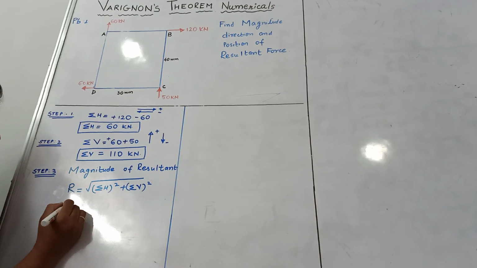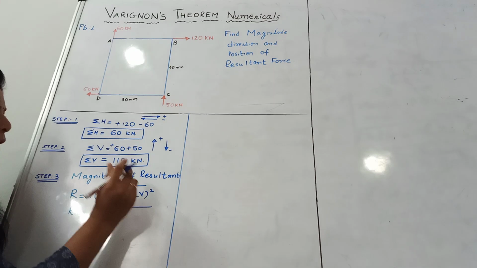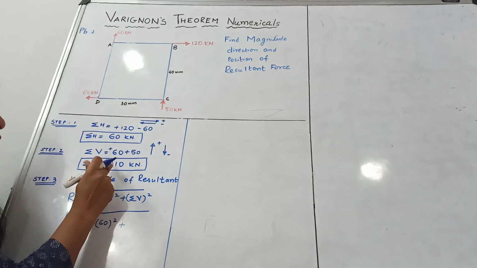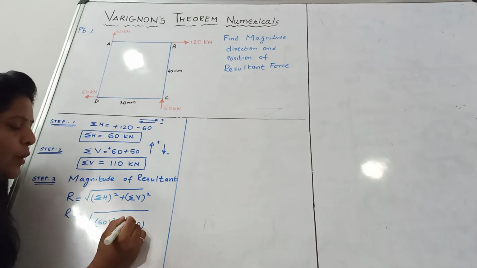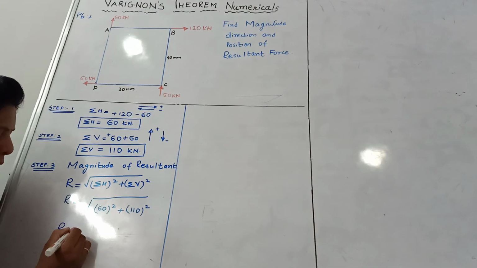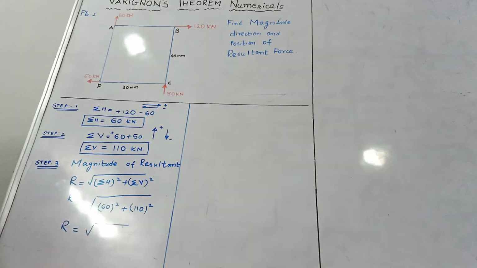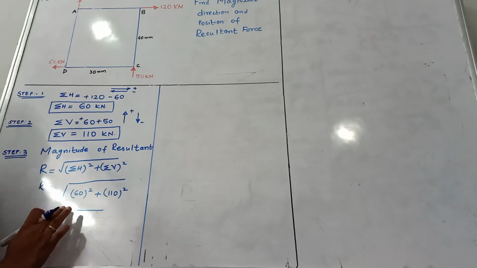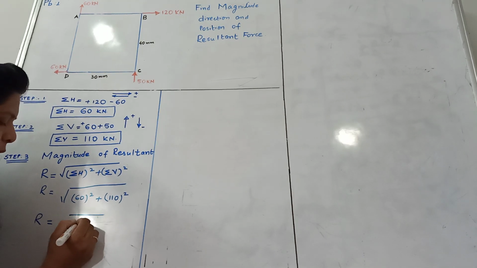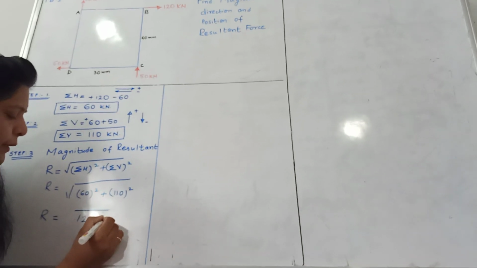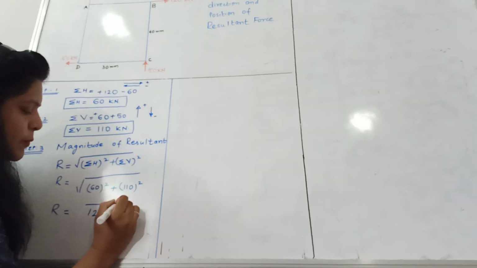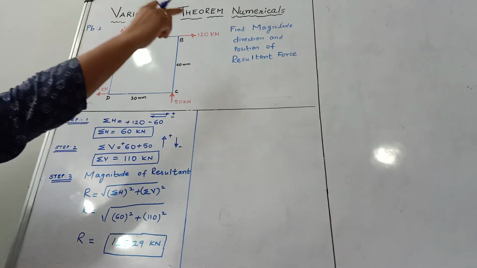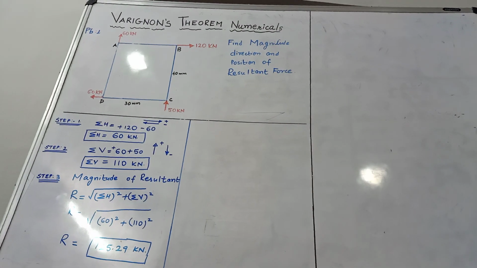So R equals the square root of 60 squared plus 110 squared, and we get the value of R as 125.29 kilonewtons. So we have found the first thing, the magnitude of the resultant force.